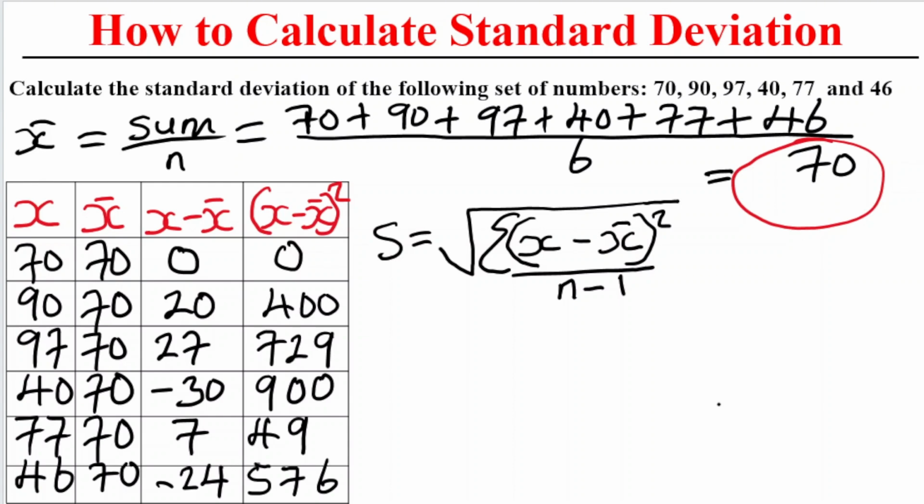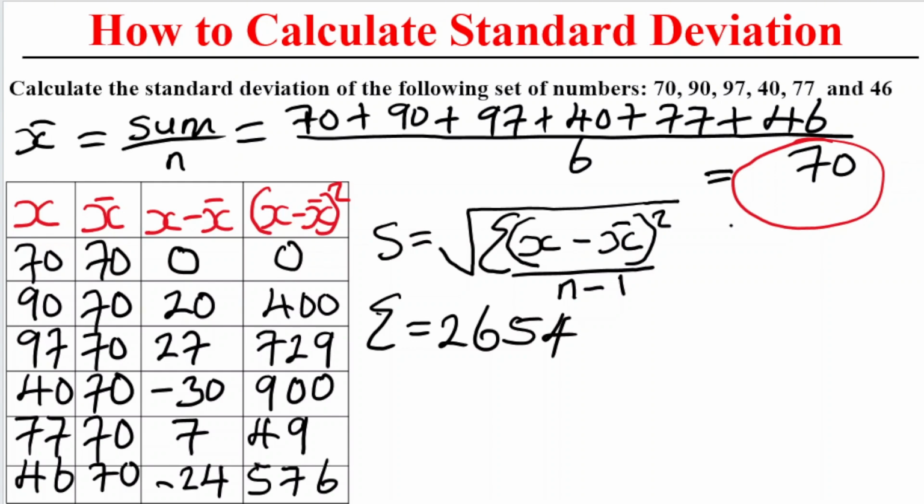So let's add: 0 plus 400 plus 729 plus 900 plus 49 plus 576. This gives us 2654.